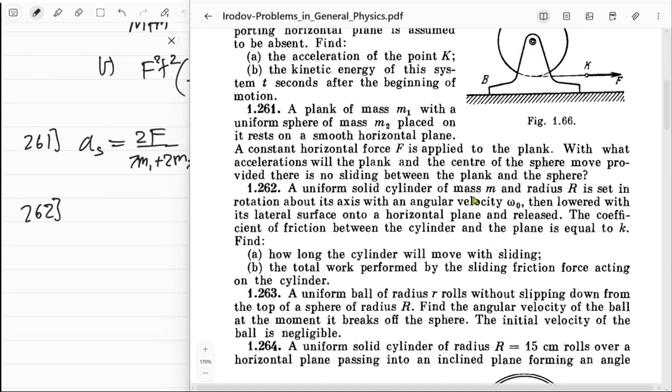Yeah, what else? The total work performed by the sliding friction force acting on the cylinder. Hey, there's one thing. For B, you can just do angular momentum conservation and get the thing done, actually. Of course.